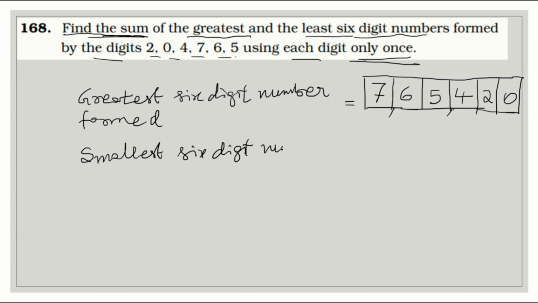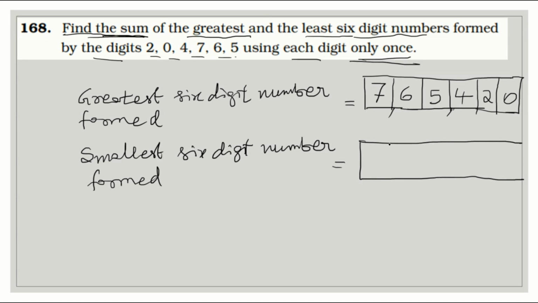See students, the smallest 6-digit number formed with the given digits, it is stated that each digit is to be used only one time. We need to be very careful while choosing.